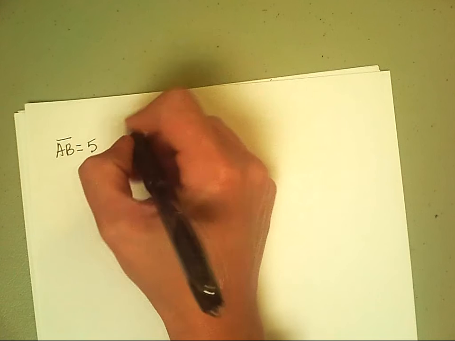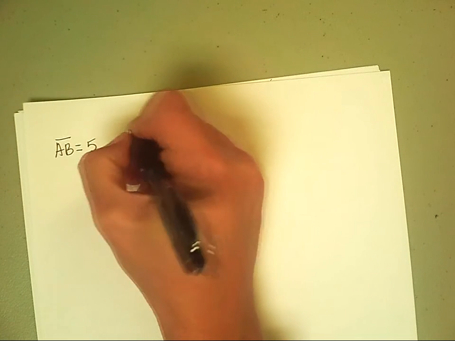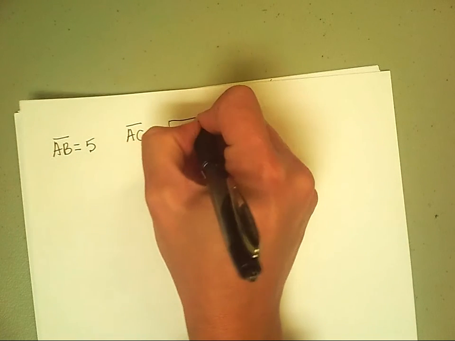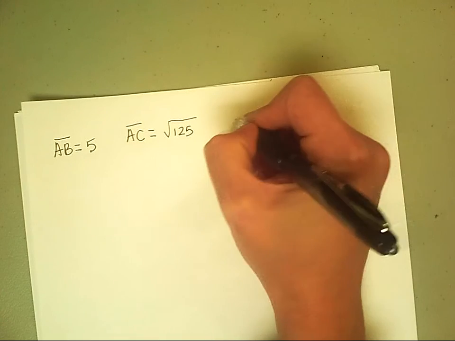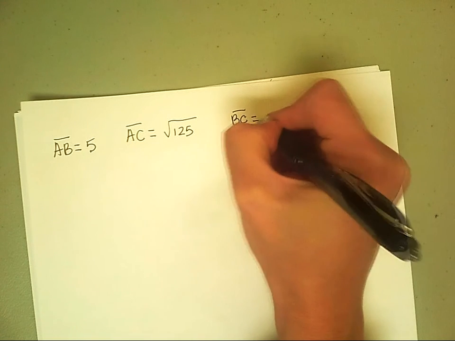That is, we found the length of the sides. So, AB was equal to 5. I'm just going to rewrite these down again. And AC was the square root of 125. And BC was 10.